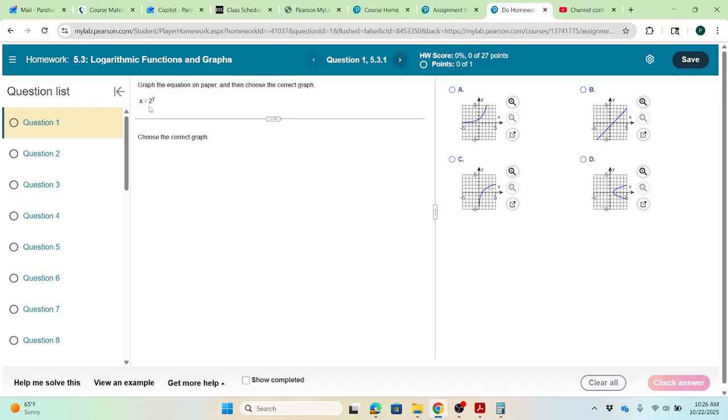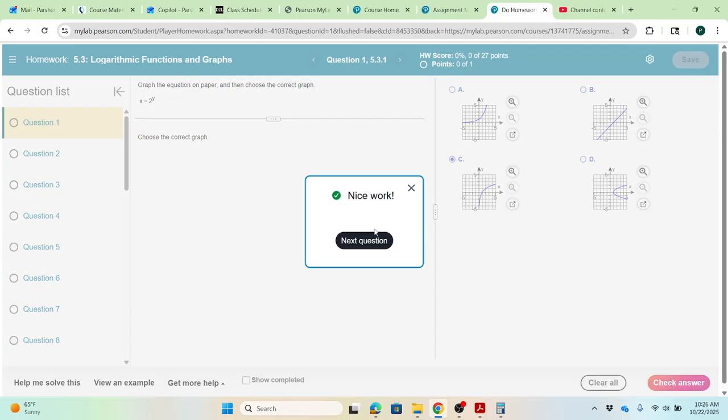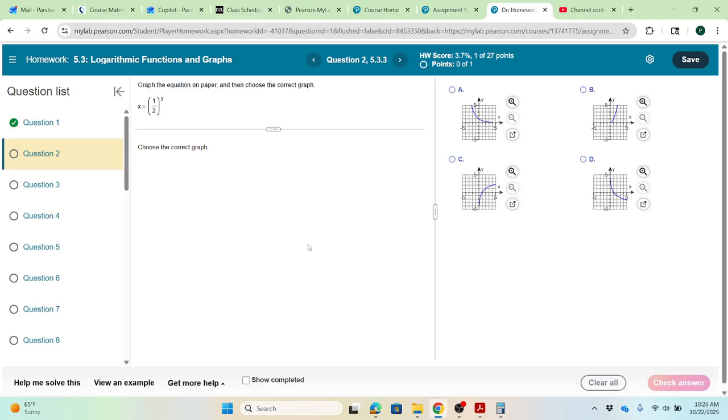We would like to plot the graph of this one, which is the inverse of the 2 to the power x exponential function. Its inverse is the reflection across the y equals x line, so it's supposed to be this one, which is the log function. Here the base is one half, which is less than 1.